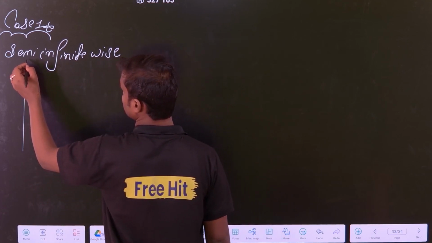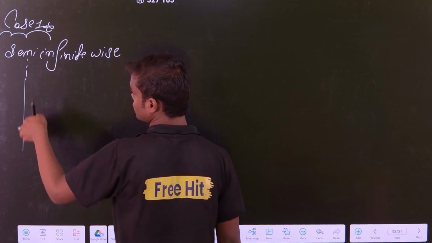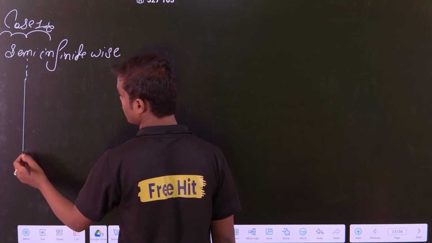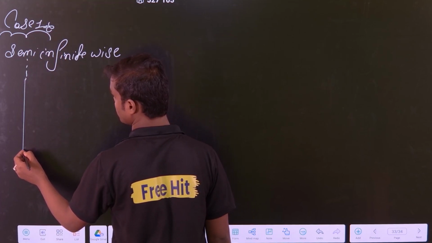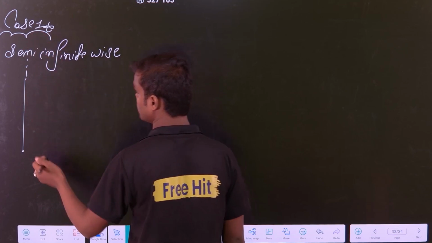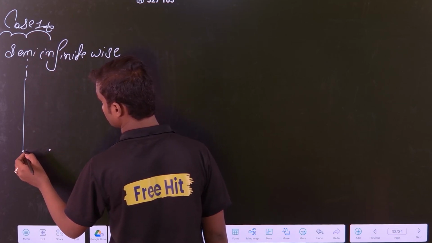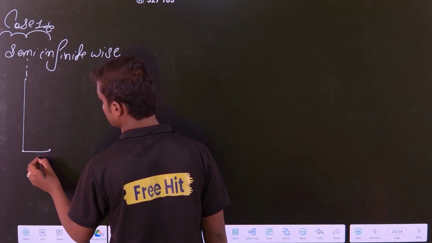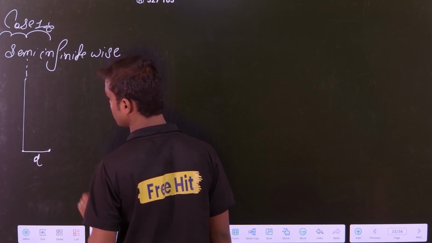Means it is going to infinity in one direction, and at the other, this is my starting point, but the end point is at infinity, and suppose this point is at distance D, and at this point I want to find my electric field.